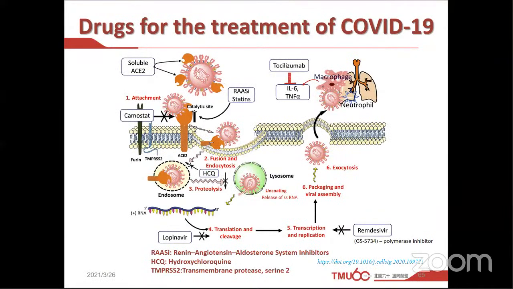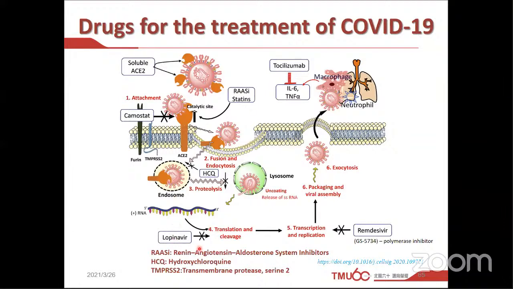Okay, now I only have 5 minutes, so I'm going to talk very, very fast about the treatment. I told you, right? The life cycle is a good target. You can use blockers or inhibitors to block the protease, block the ACE2 binding, and then you can change the pH value in the endosome using hydroxychloroquine, which can elevate the pH value and inhibit the protease in the endosome.